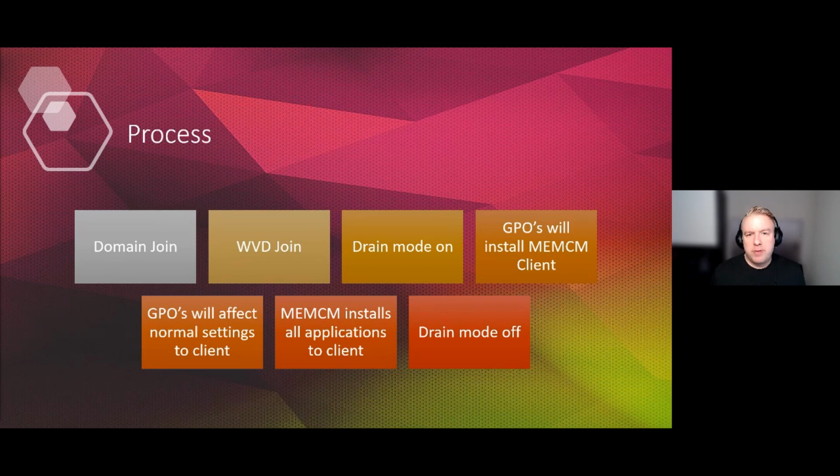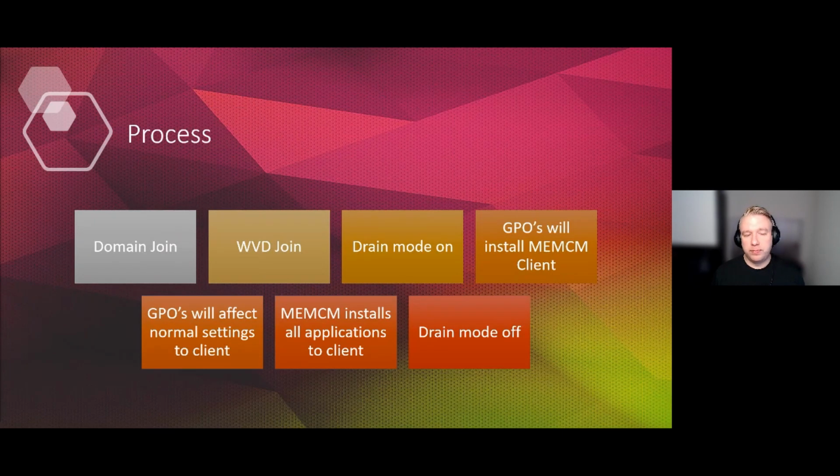Then you turn on drain mode if you are running it on some pooled host, or if it's personal, it doesn't matter if you don't have the automatic assignment for the device itself. But yeah, then your GPOs will install the MEMCM client. You can use GPOs to install it as it's documented in docs.microsoft.com, or you can use the configuration manager client method that I'm suggesting for you.